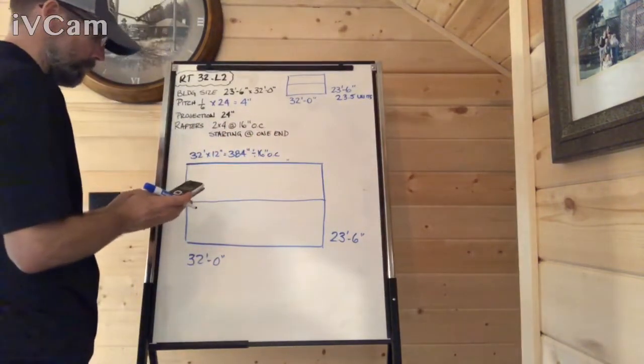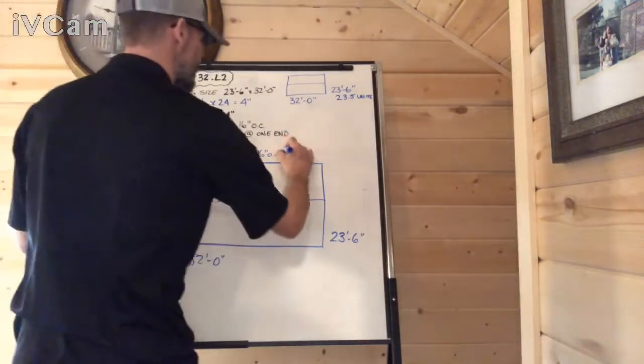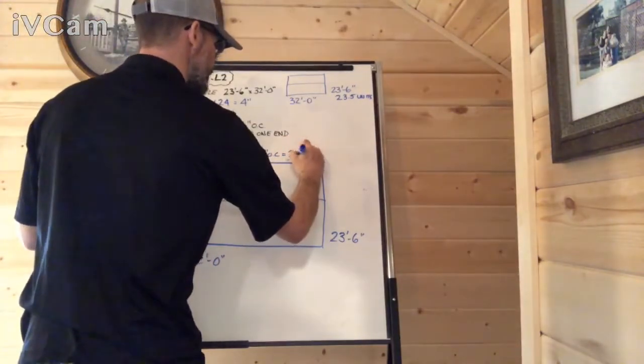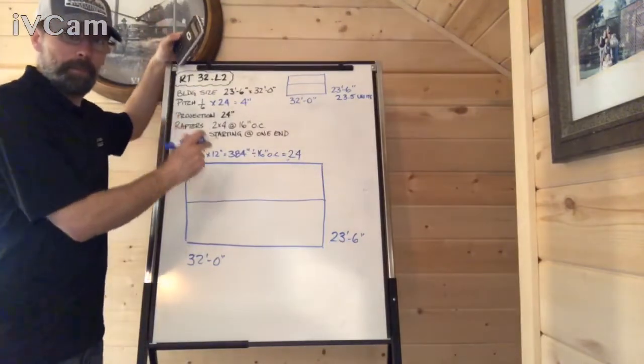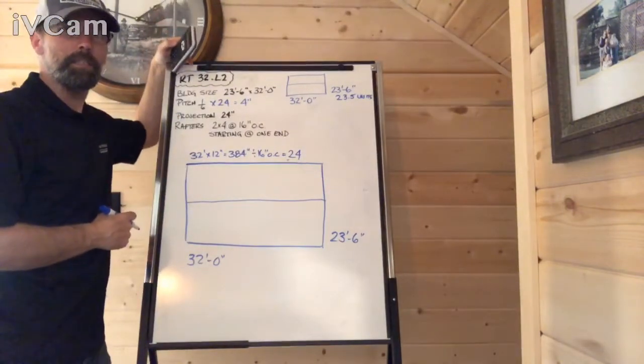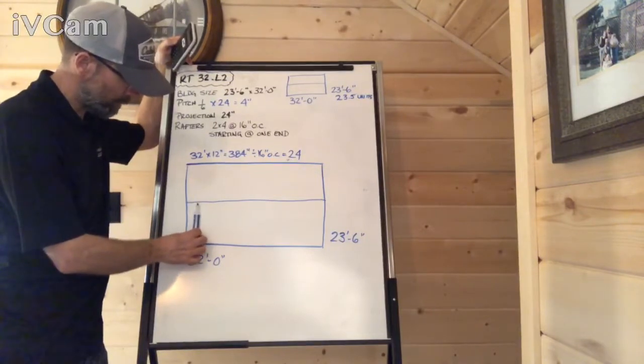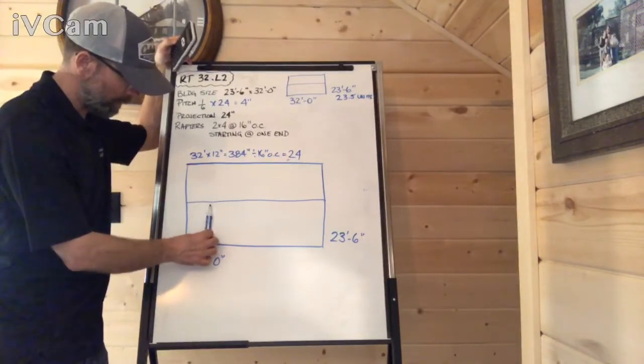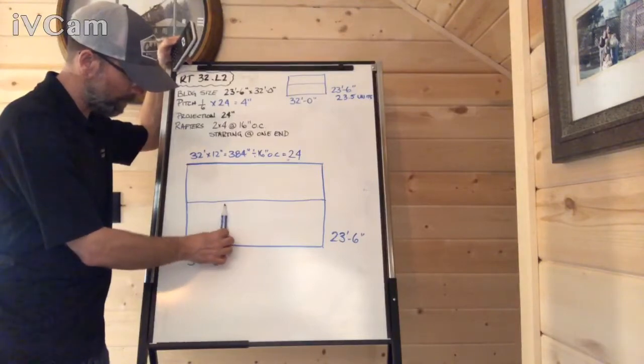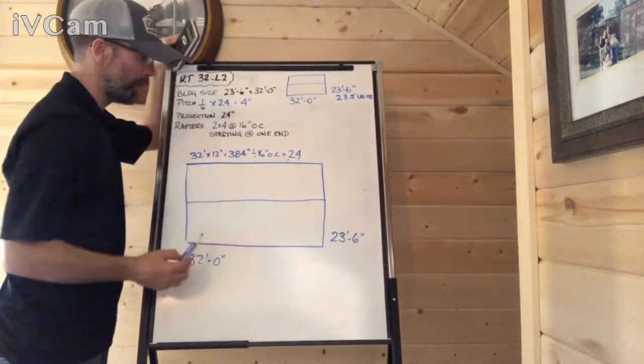Divide by 16 gives me exactly 24. That is 24 16-inch spaces. So one space, first rafter. Second space, second rafter. Third space, third rafter. And so on all the way to the end.